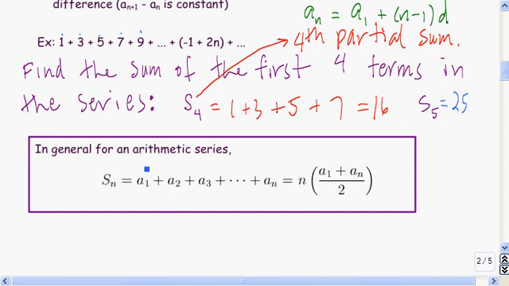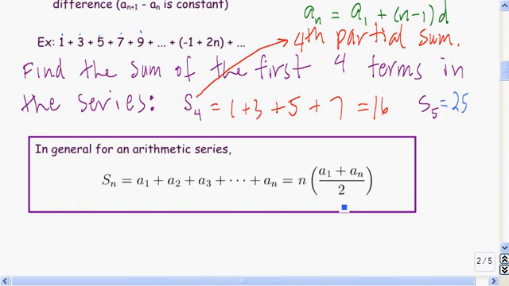If the terms a1, a2 through an themselves form an arithmetic sequence, then we have a quick formula for adding them together. I'll show you a specific example in a second. It's the number of terms times the quantity first term plus last term, divided by 2.